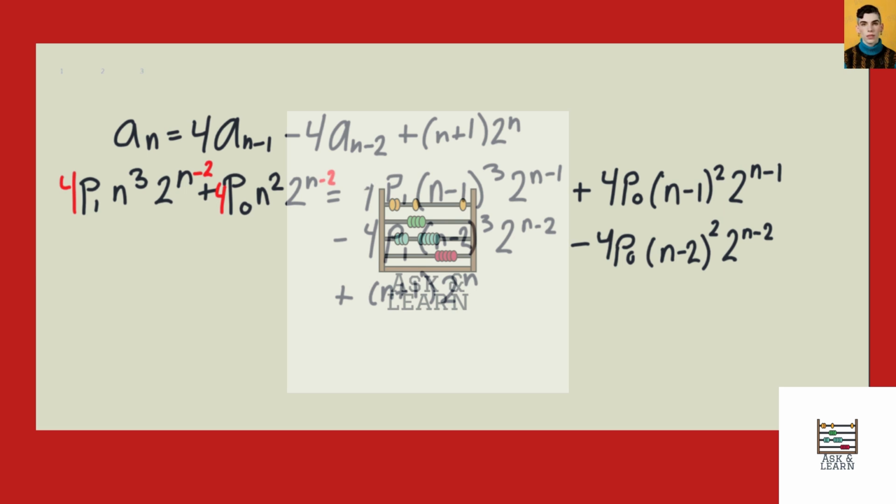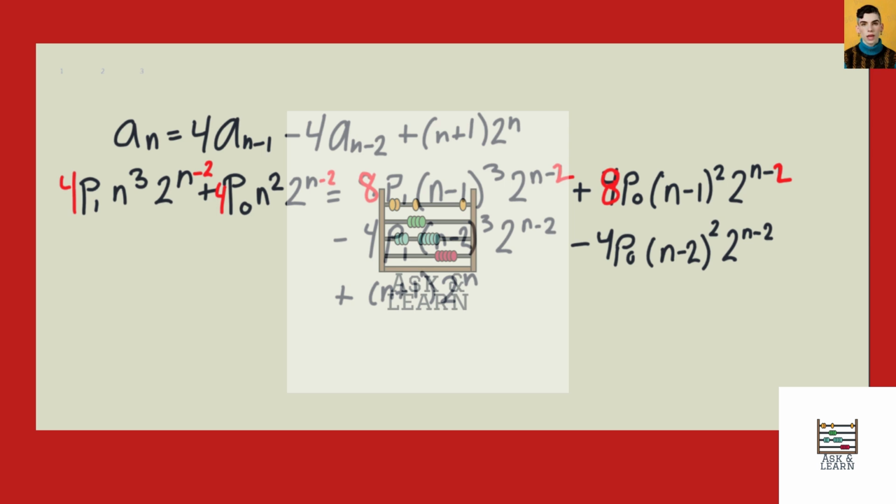We'll do the same thing here, so instead of a 4, we'll have an 8 times p1 times (n-1) cubed, and the same for the next term, an 8 times p naught times (n-1) squared times 2 to the power of n-2.